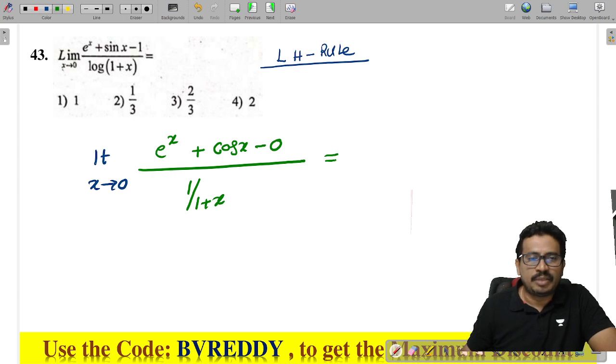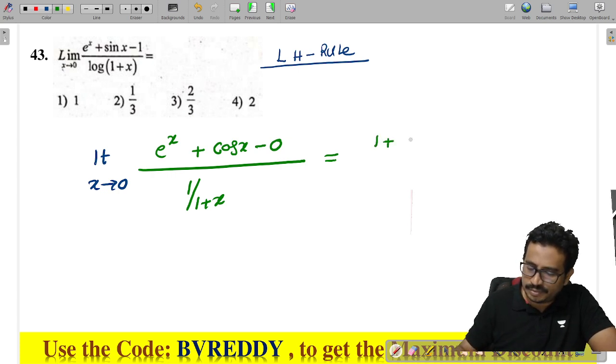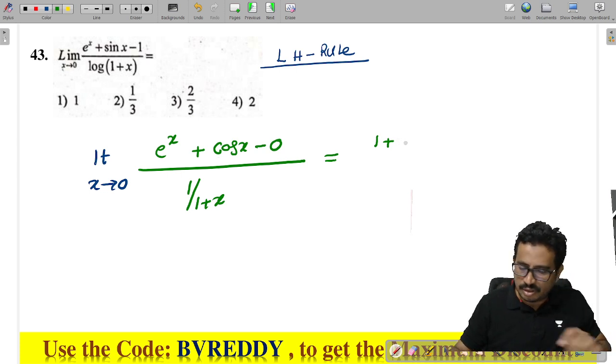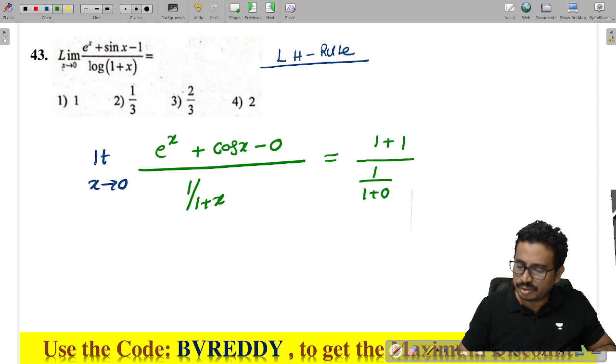Limit x tends to 0 gives 1 plus e power 0, which is 1, and cos 0 is also equal to 1, by 1 by 1 plus 0. So how much will we get? 2.